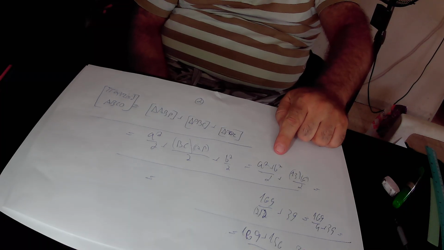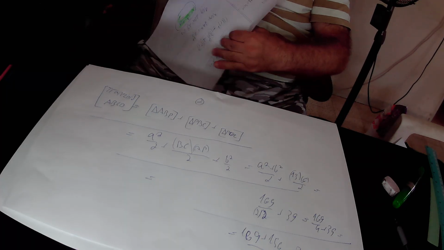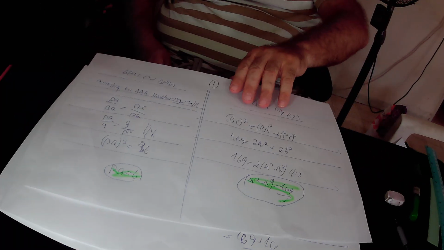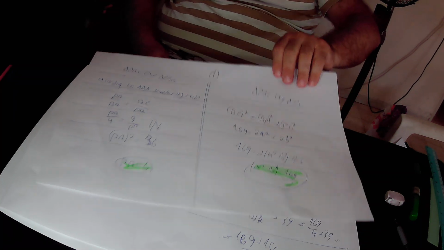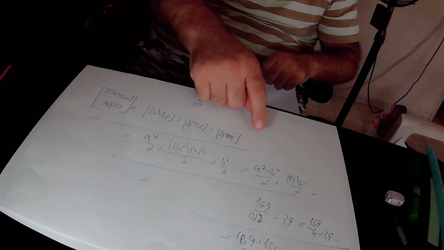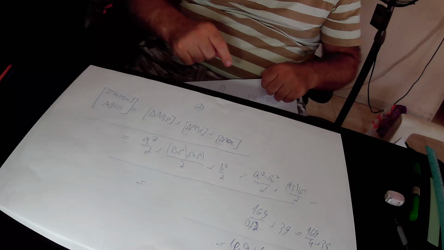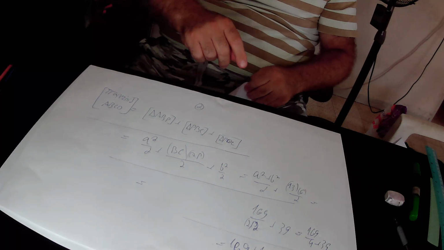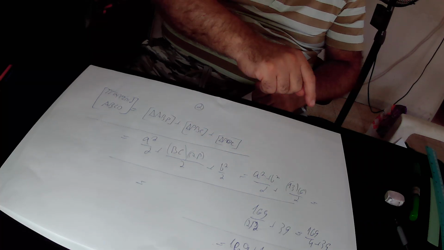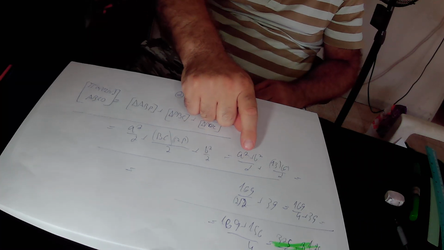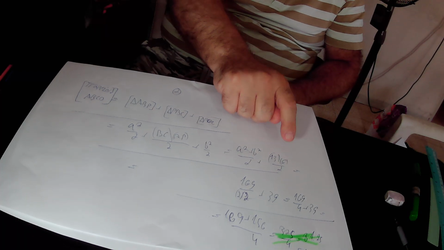And we have a squared plus b squared over 2. We already found out that a squared plus b squared equals 169 over 2. Therefore, we can substitute a squared plus b squared here by 169 over 2 divided by 2. So in total, this expression equals 169 over 2 times 2 plus 39. 2 times 2 is 4, so in total this expression equals 169 over 4 plus 39.